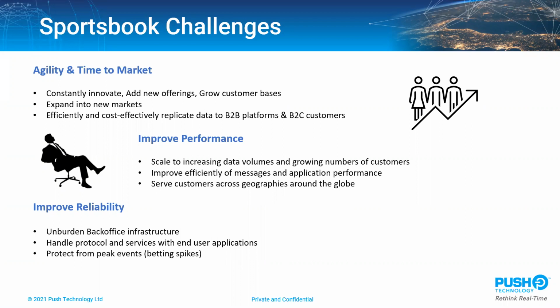And organizations and sports books are looking at how to reliably increase the performance across this and looking to technologies that may condense the data, that may stream the data in a compressed fashion, such as Delta types of streaming, which really enables that organization to reduce their data sizes down by 90% or more as it's being streamed. We'll talk a little bit more about that a little later inside of this webinar, but really increasing the performance of the platform to handle the growing number of customers and markets.